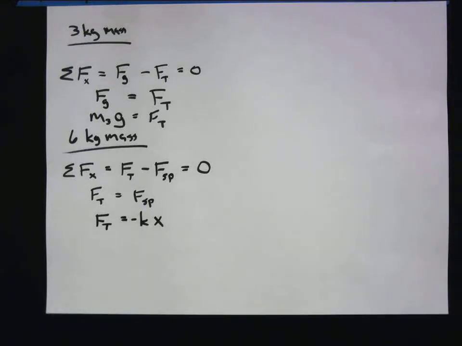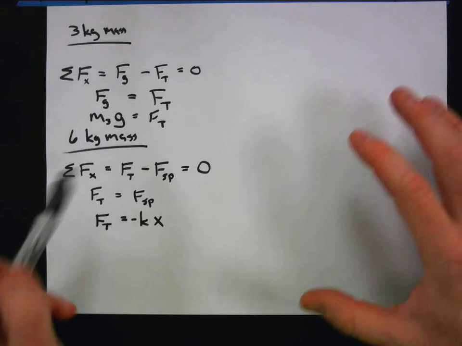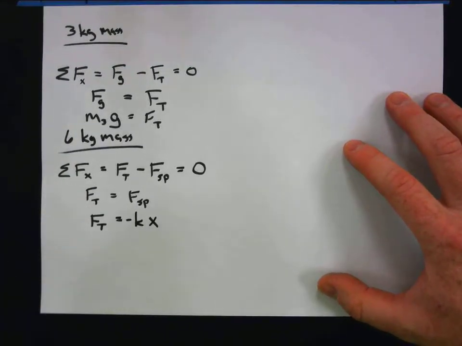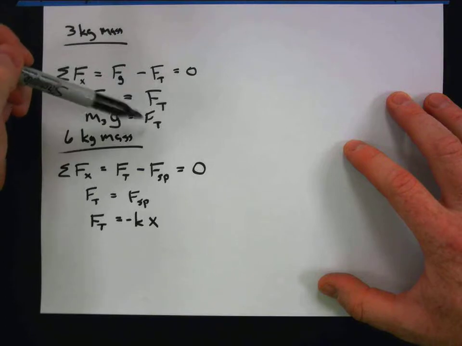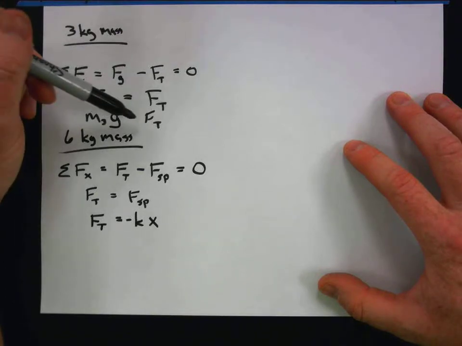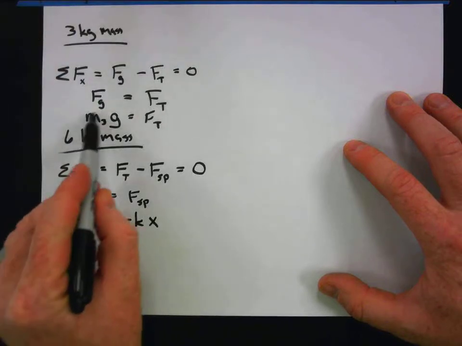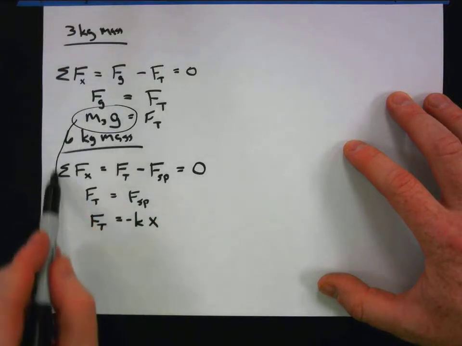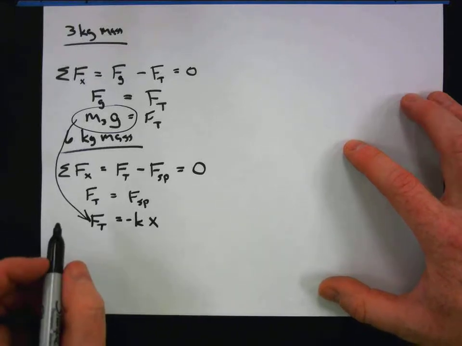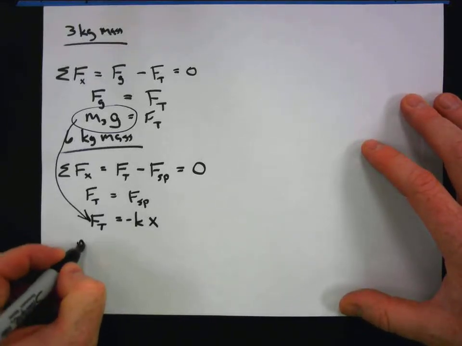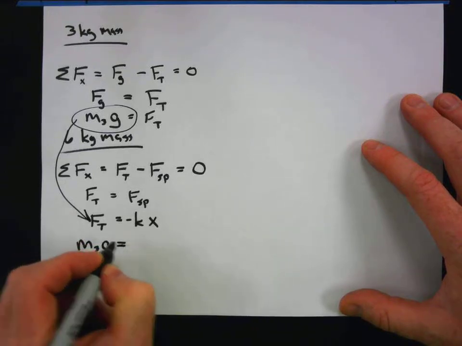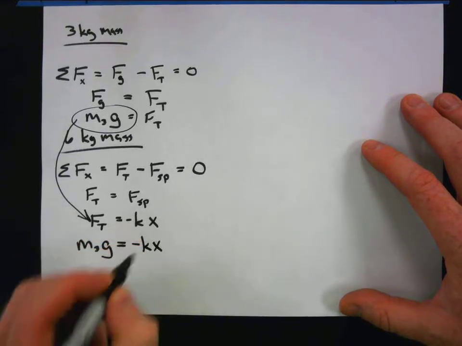However, I can easily just make a substitution. It's not so complicated this time that I have to add equations together. I can simply say, well, since the mass of the 3 kilogram block times acceleration due to gravity is equal to the force of tension, substitute this here. And I get a brand new equation that looks like this.